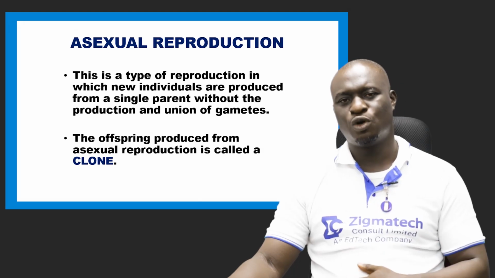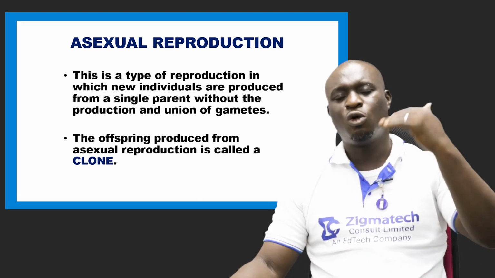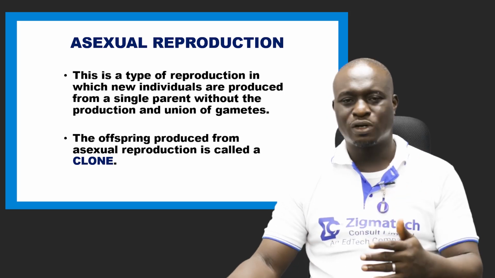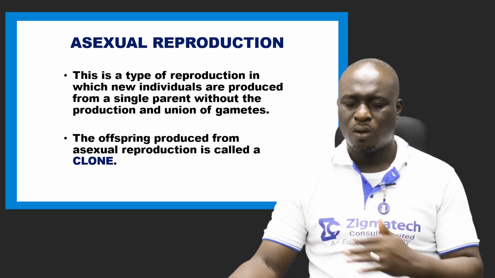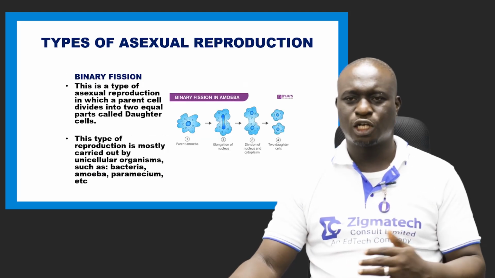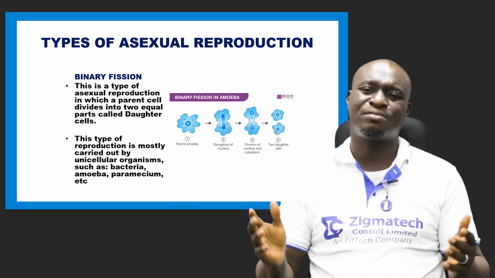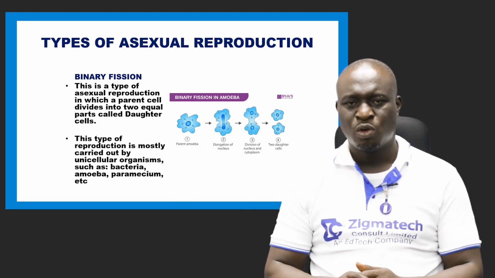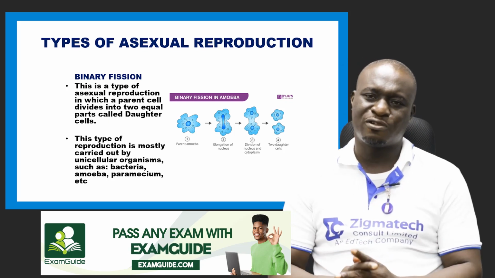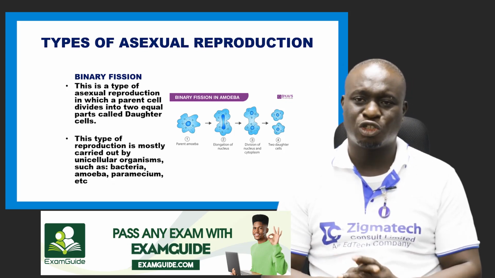You've heard of the word clone. It looks exactly or almost like the parent organism. So that's a clone. Now we have different types of asexual reproduction. We have what we call binary fission. That is one of the important first types of asexual reproduction.